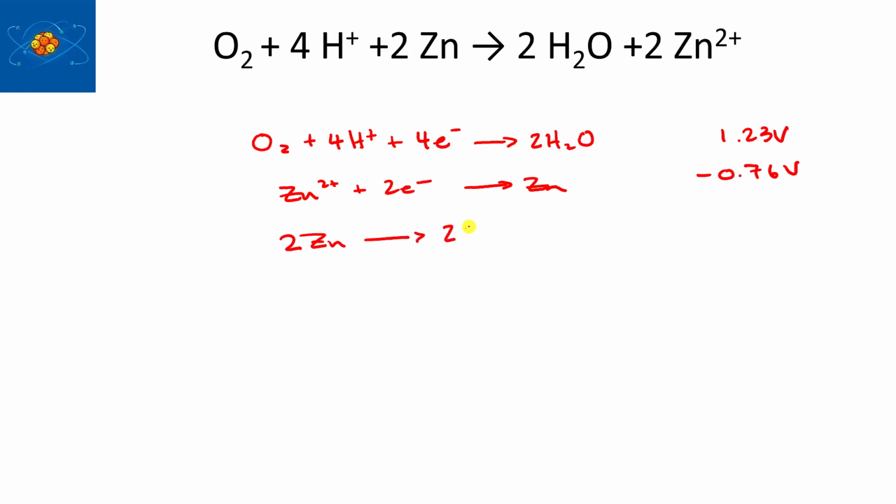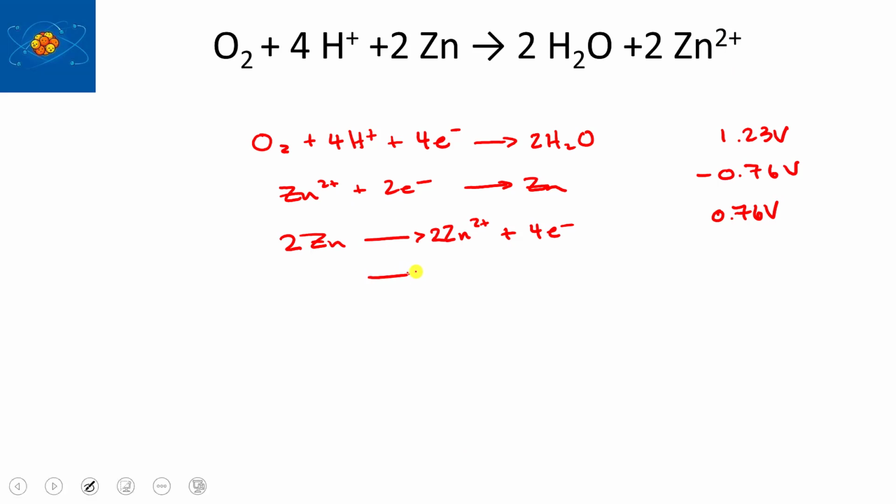So it's going to be 2Zn goes to 2Zn2 plus plus 4 electrons, like that. Now, flipping it, I changed the sign of the voltage, so it becomes 0.76 volts. But I don't double it, right? So now I just need to add that to this reaction.